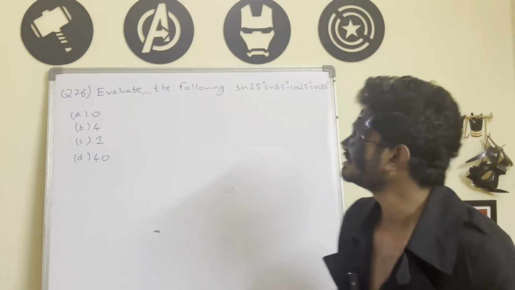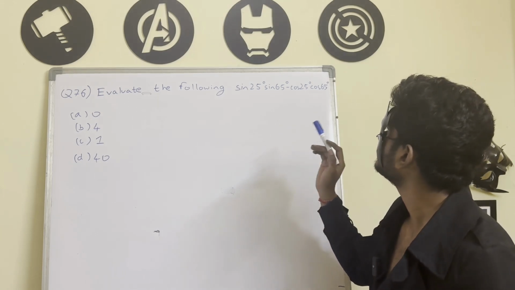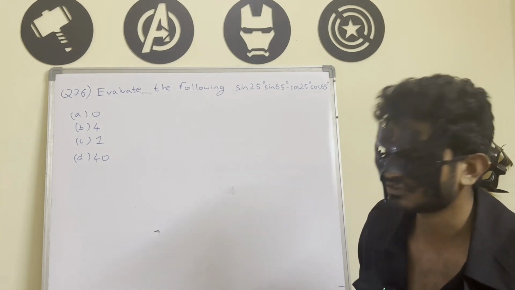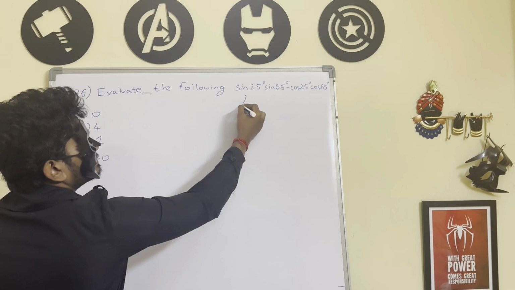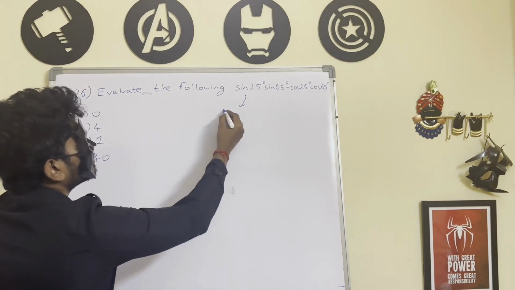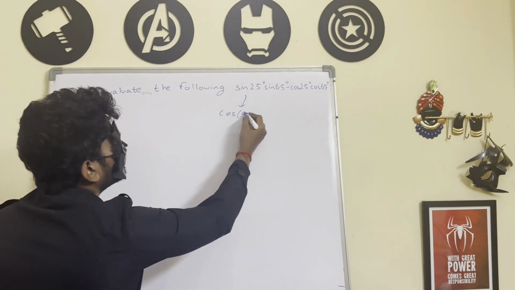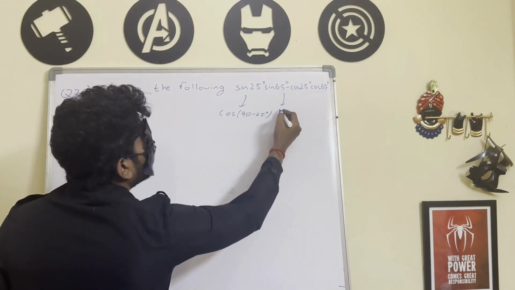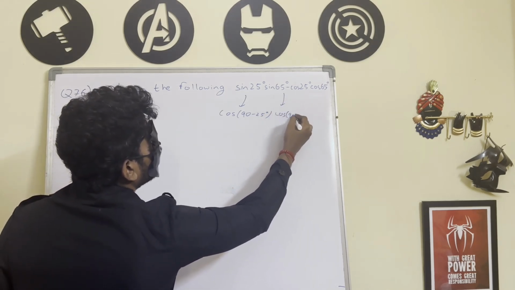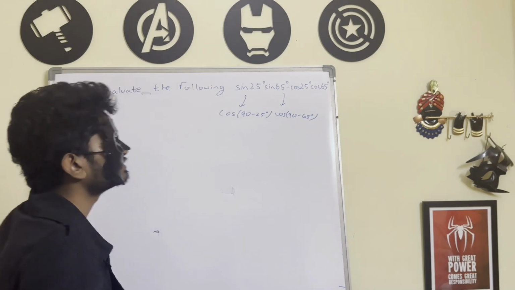So superhumans, next question is, evaluate the following, that is sin 25 degrees into sin 65 degrees minus cos 25 degrees into cos 65 degrees. Here, to solve this question, I will write sin 25 degrees as, sin theta is nothing but cos(90 minus theta). This I can write as cos(90 minus 65), because cos(90 minus theta) is nothing but sin theta.